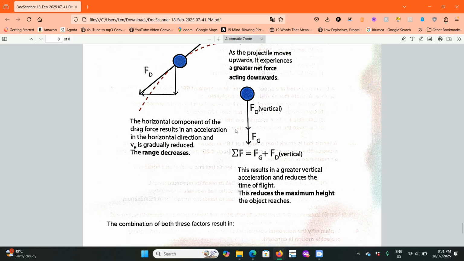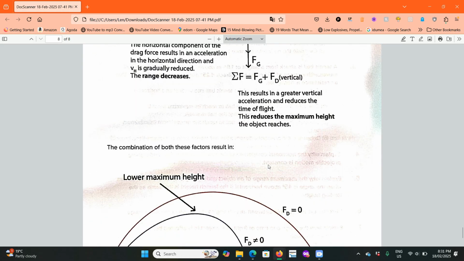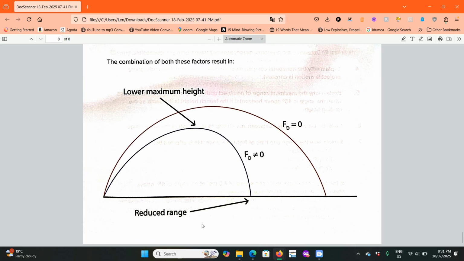So if something normally, when you throw it, goes to about here, when you throw it and you put drag into play, you might get to a height of about here. Combination of both of these factors results in a reduced range and a lower maximum height. So no drag force, you get a nice even parabolic arc.